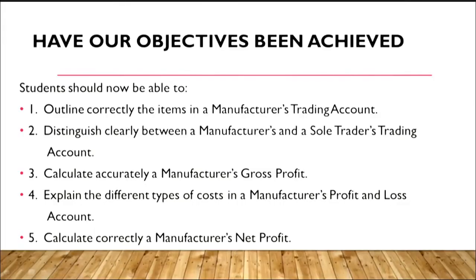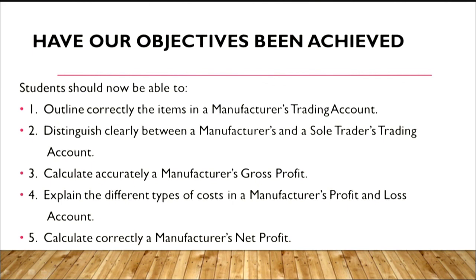Now, have we achieved our objectives? Let's go through them timely. Objective number 1 was that the student should be able to outline clearly or correctly the items in a manufacturing account.